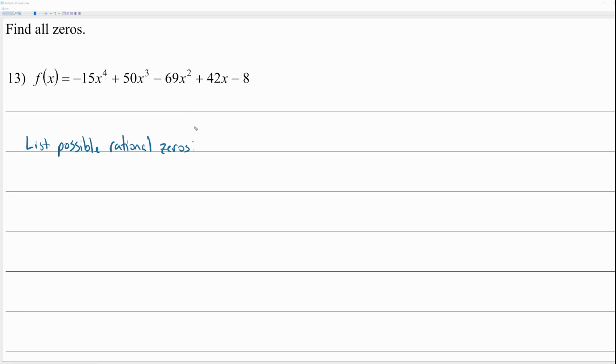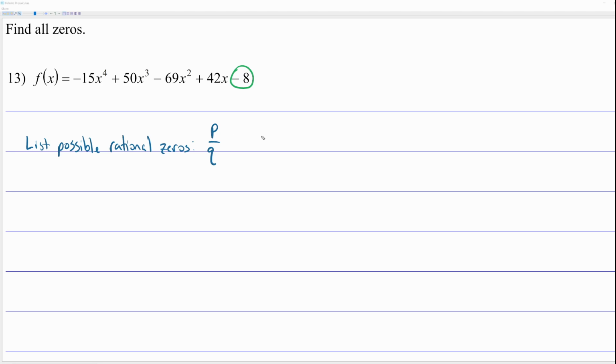So remember the theorem. If you have a rational number that's a zero of your polynomial, then it's of the form p over q. Now, the numerator, that is the letter p, has to be a factor of the constant term.